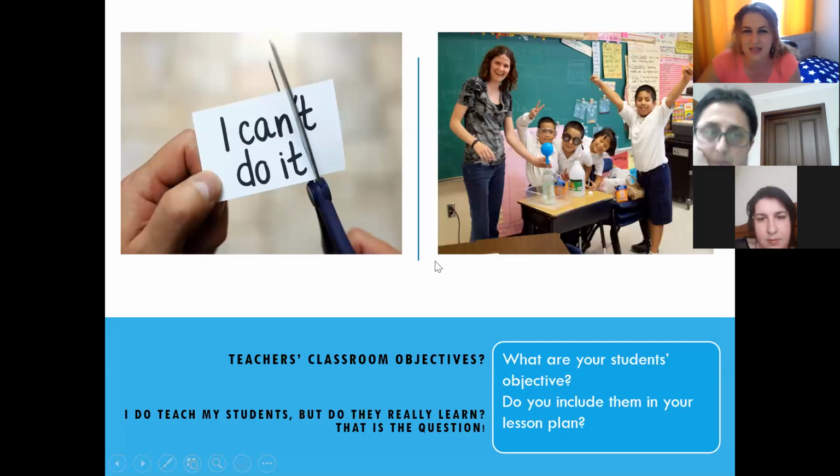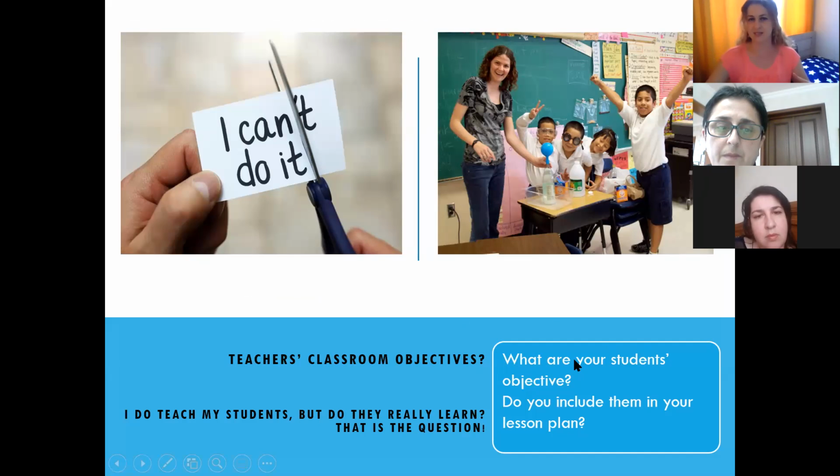Let's move to another slide. Okay, this is just information. We always integrate our objectives in our lessons. The teacher's objectives are very important. But what do you think? Is it important to define our students' objectives as well? Have you ever asked your students, what is your aim or what is your purpose when you come to my class?